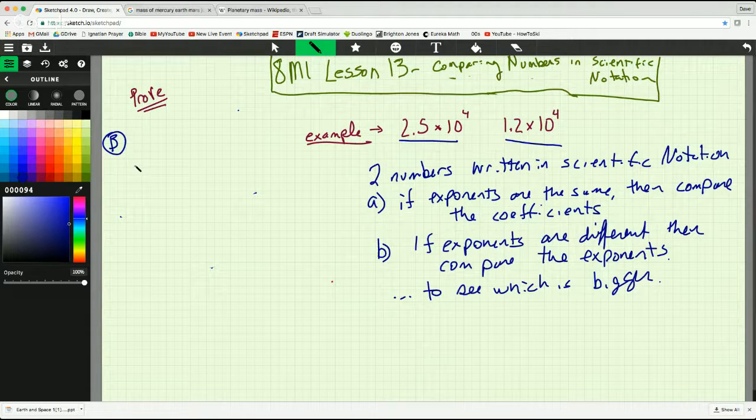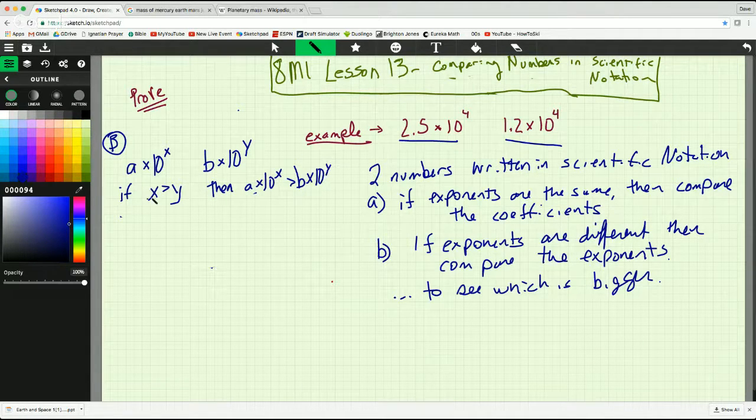So if we have A times 10 to the x, and we have B times 10 to the y, I'm going to start off and assume x is greater than y. So if x is greater than y, that's what my rule says, then A times 10 to the x is greater than B times 10 to the y. And that's what I'm going to try and show.